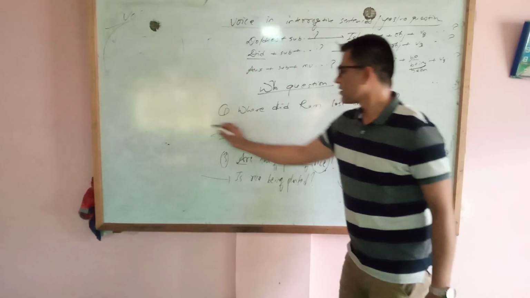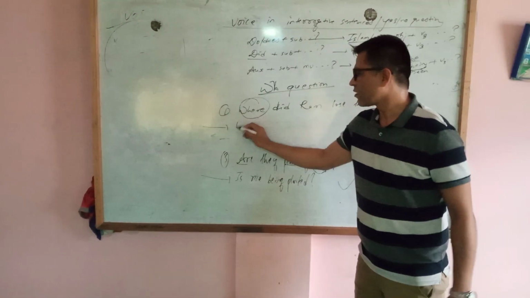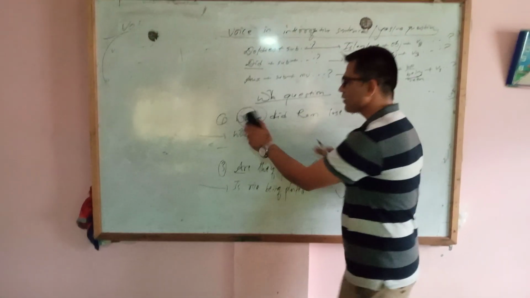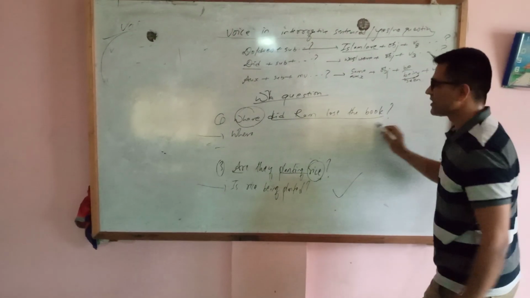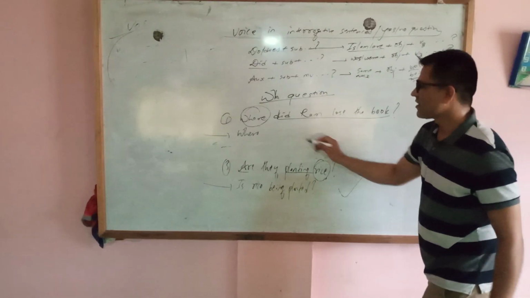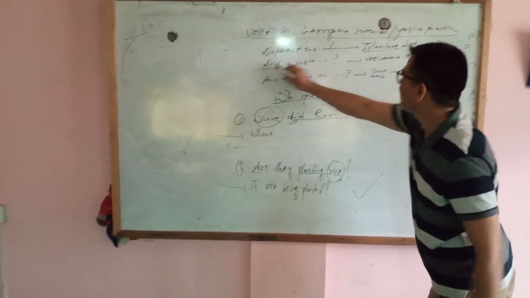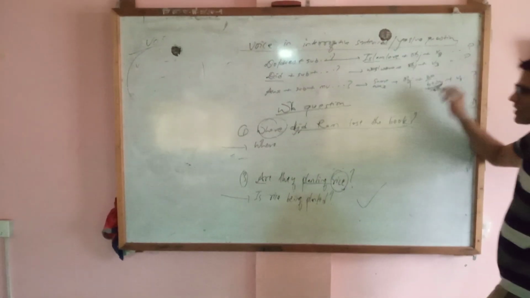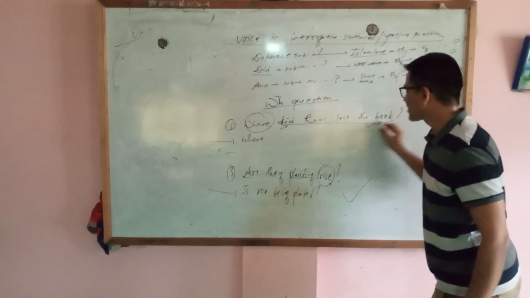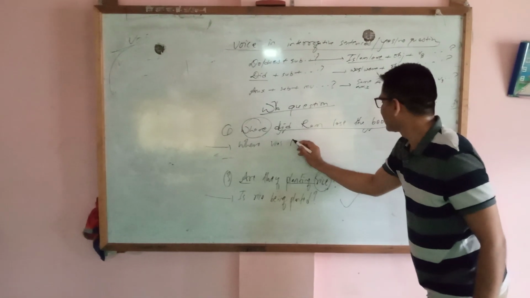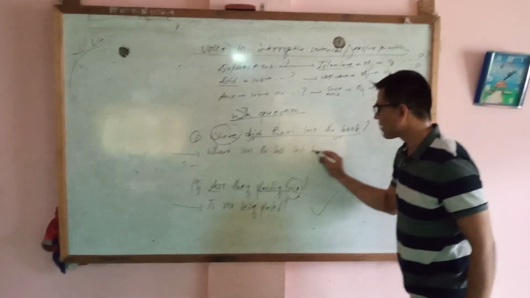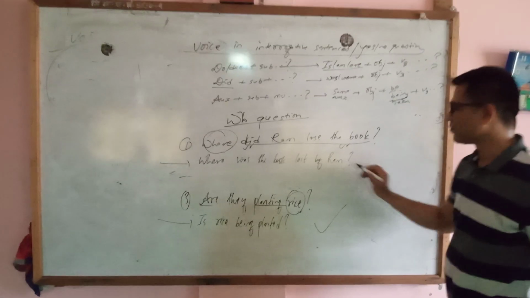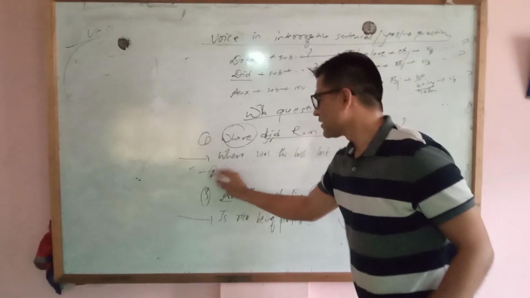Answer is same WH, where, and if you hide WH, then it becomes the yes-no question. Did Ram lose the book? Then in case of did, I told you, was/were plus object plus V3. Where book takes was. Where was the book lost by Ram?